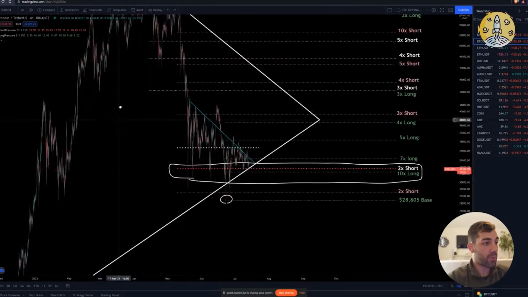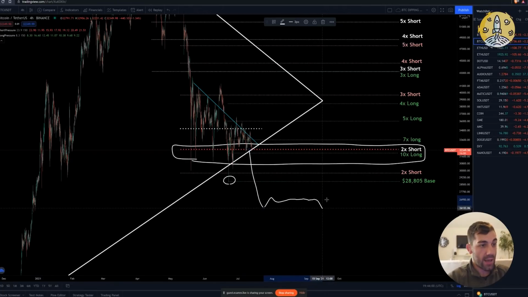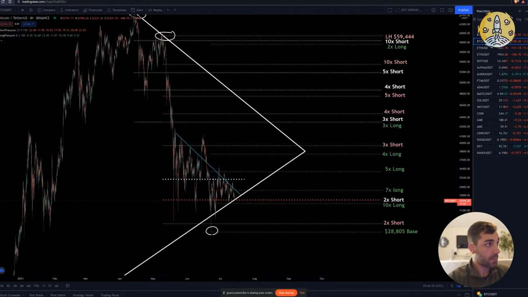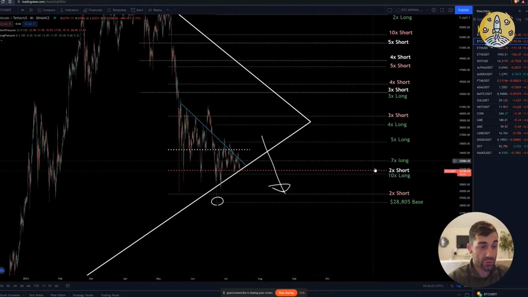Now, if the price had already dropped and closed a lot of candles down here and maybe consolidated, and we were coming back up to this level, we would expect some sort of resistance, right? Why is that? Because as the price is dropping and crossing this level from above, this is the point at which the shorts dry up.